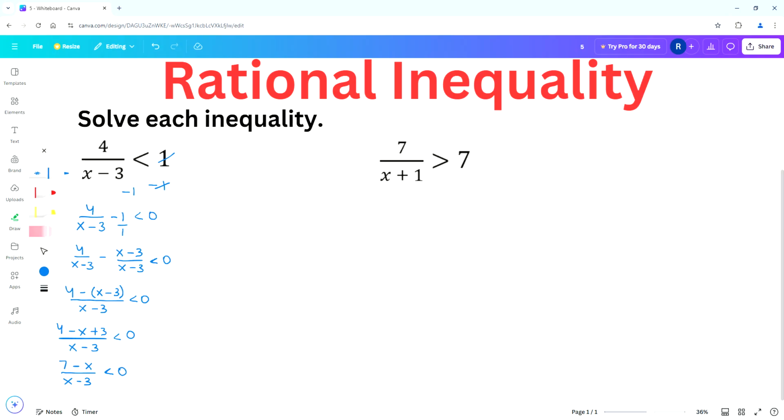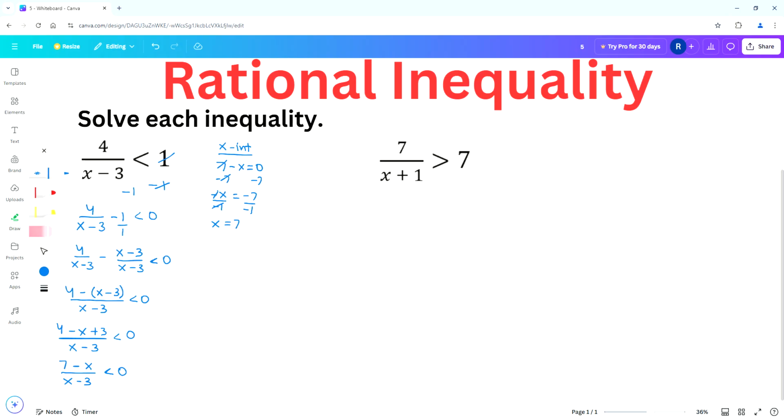Next, we should find the x-intercept and vertical asymptote for this rational function. For x-intercept, we should set the numerator equal to 0 and solve for x. I get x equals 7.